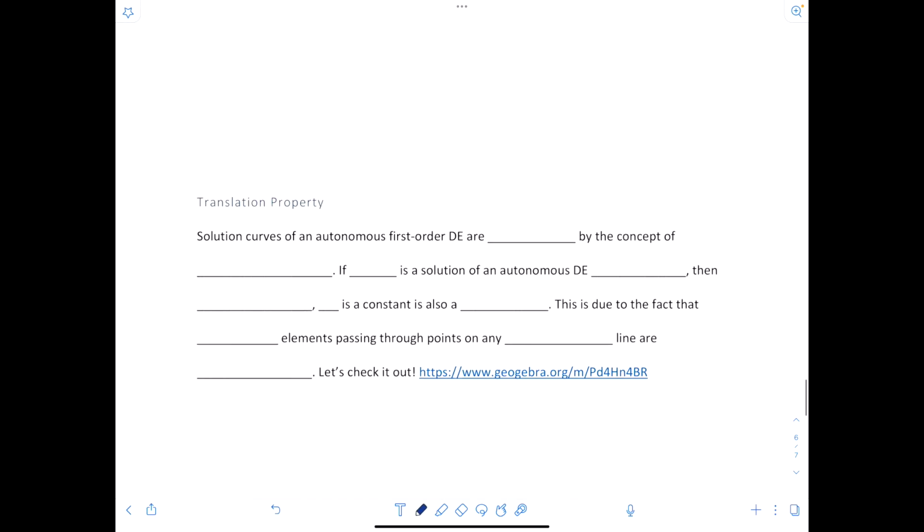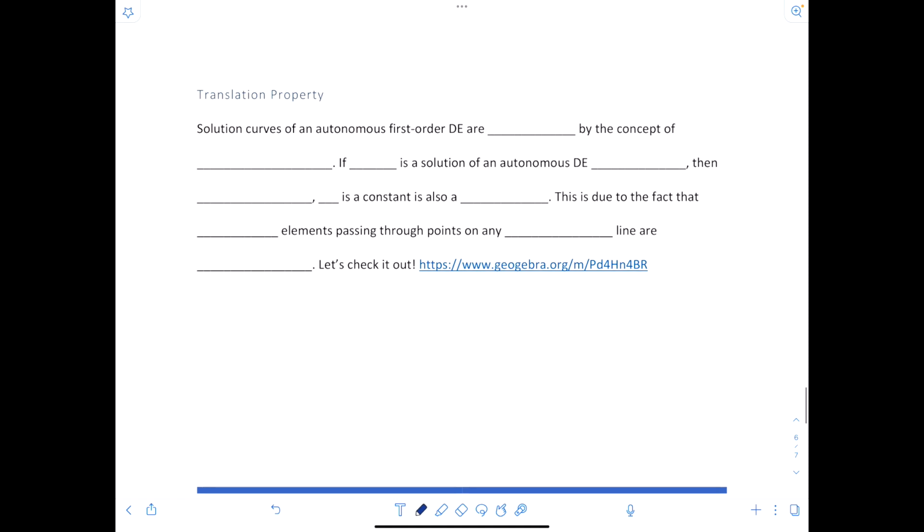It turns out that solution curves of an autonomous first-order differential equation are related by the concept of translation.